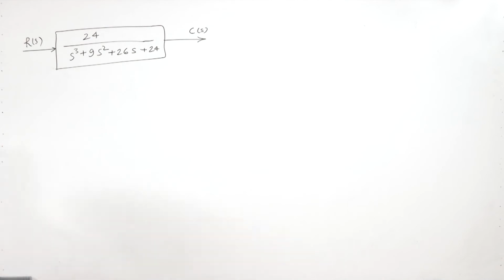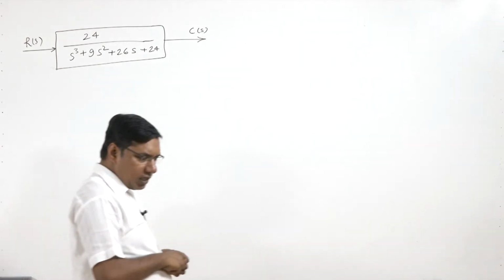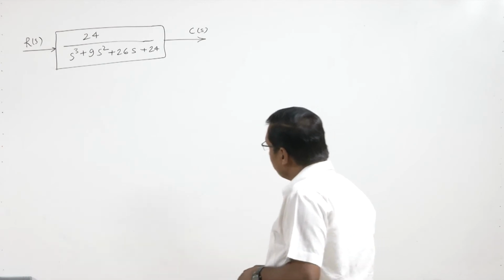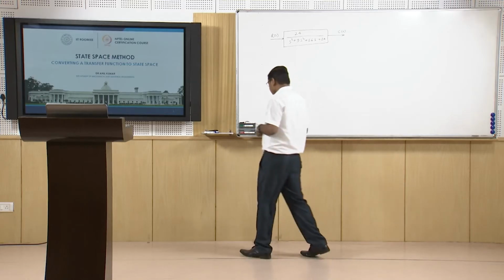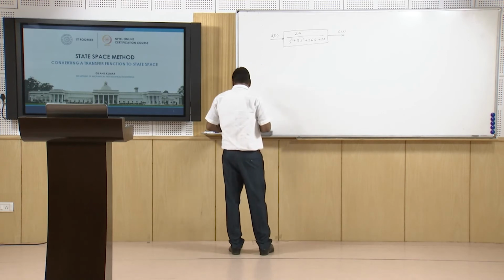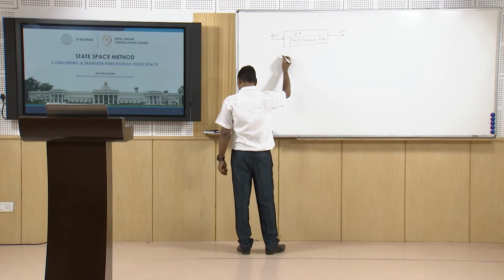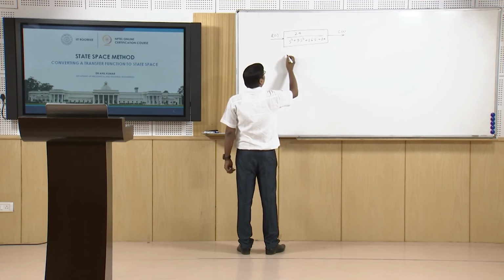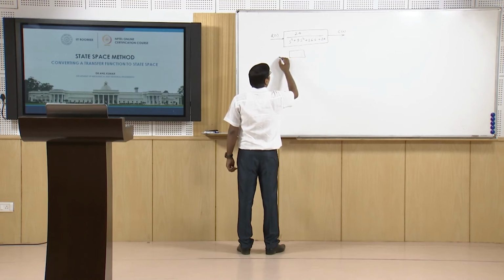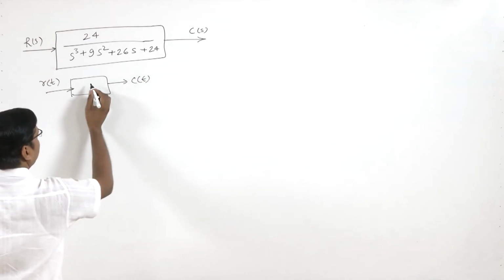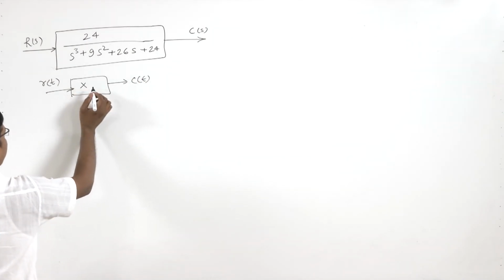So this is the transfer function, and we have to represent this in state space. So first we have to find the differential equation. So we have R(t) here, and here we are getting C(t), and this is our state space vector x.